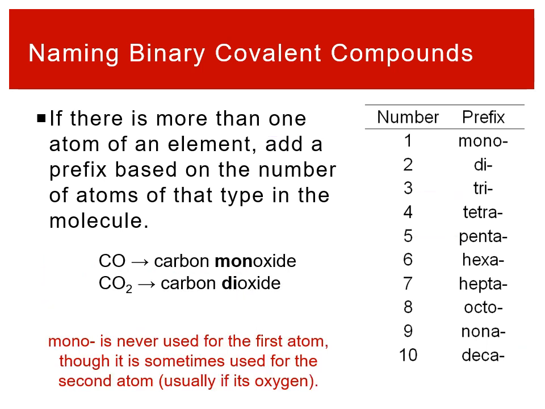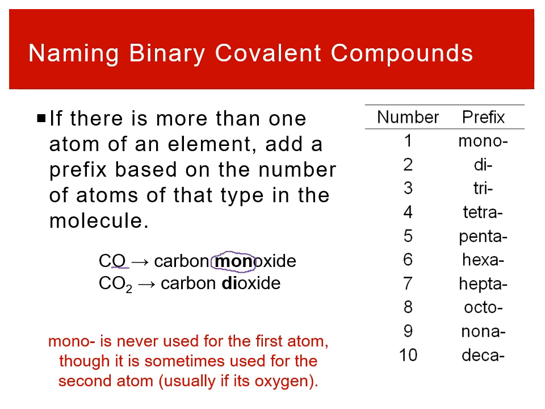The one time we really do use mono is when it's the second atom, and really only when it's oxygen. So here, CO: the C is carbon, but we don't call it monocarbon because it's first. So carbon, and then the O is oxygen, and that does get the mono.